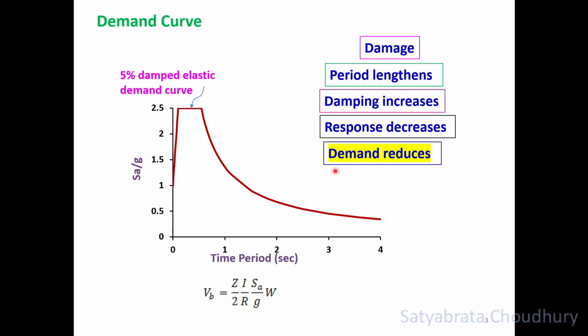So this demand imposed on the building depends on its dynamic characteristics like time period, flexibility, etc., and the shaking level to which it is subjected. So demand reduces, so what happens to the design spectrum given in the code? It will now be lower, a design spectrum which is called the reduced demand curve or reduced demand spectrum.